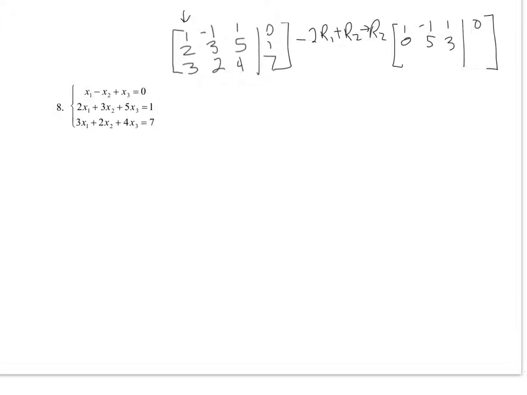And anything times 0 is 0. So 0 plus 1 is 1. Haven't done anything with my bottom row yet.